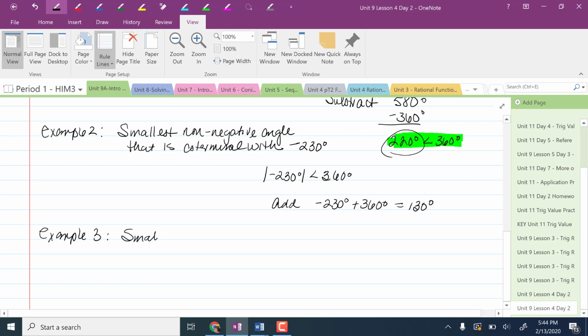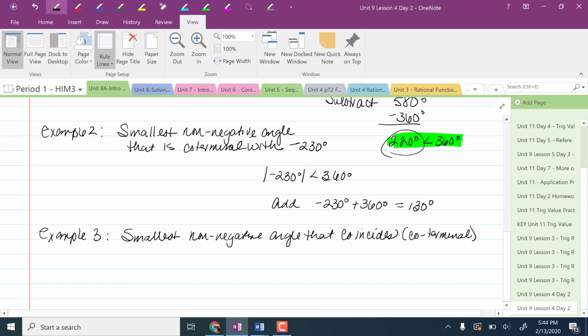This time we're being asked to find the smallest non-negative angle that coincides, which means the same thing, coterminal.